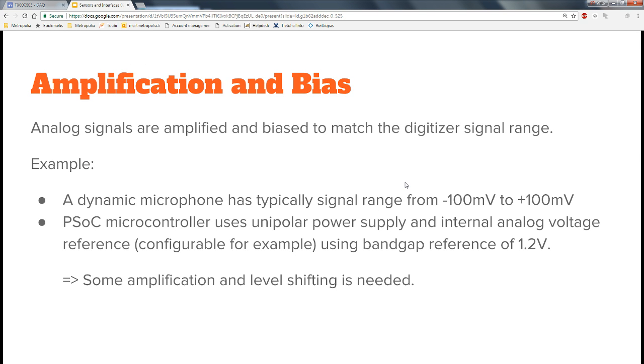Going back, the first step is amplification. In addition to amplification, you sometimes also need to do some biasing of the signal. Most modern systems have unipolar power, meaning you can only handle signals between 0 and the power supply voltage, 5 or 3.3 volts or whatever your battery gives.